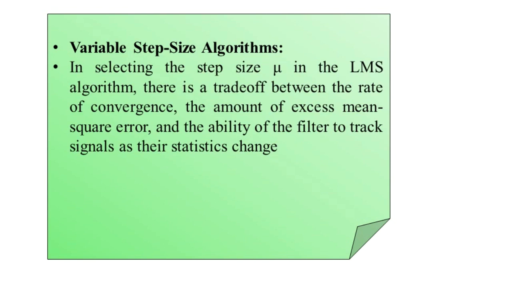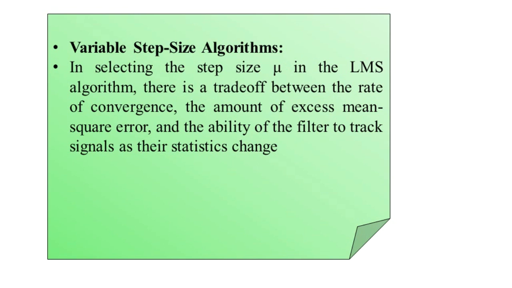For the ideal case, when the adaptation begins and the weight vector w(n) is very far from the optimum solution, the step size should be very large in order to move the weight vector rapidly towards the desired solution.